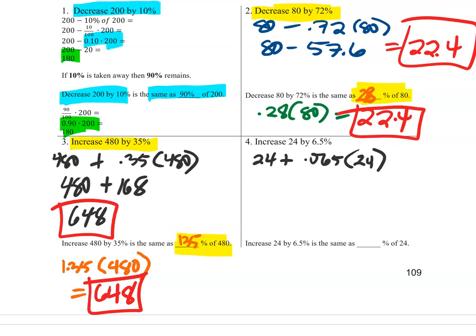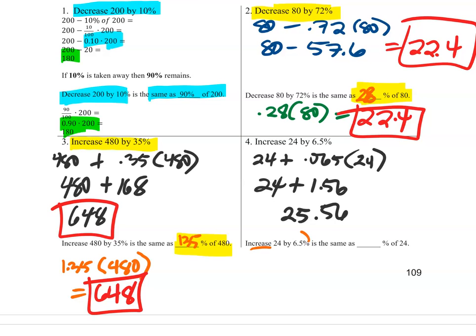And what is 0.065 times 24? That is 1.56. And if we add that to 24, the answer is 25.56.